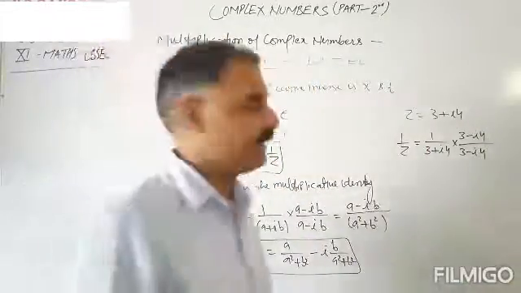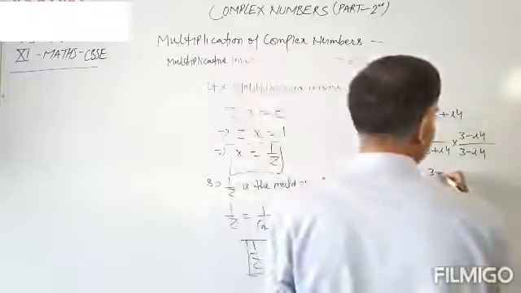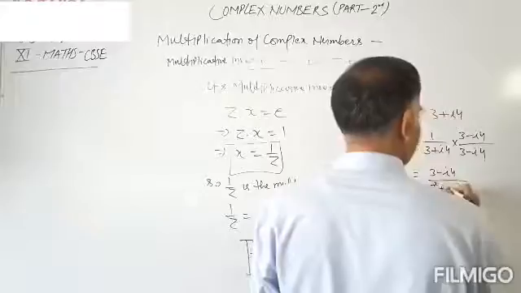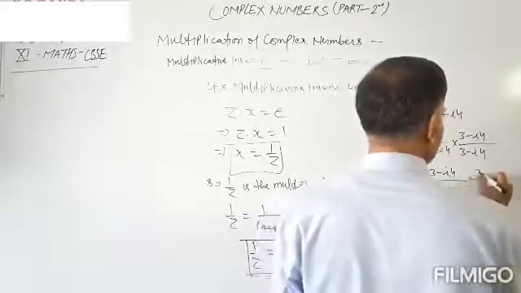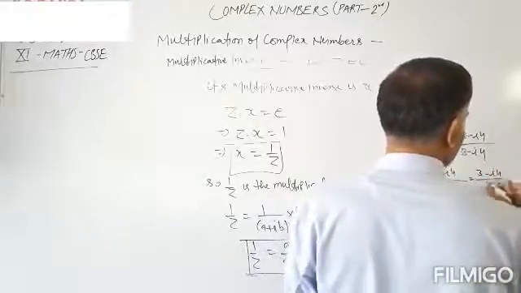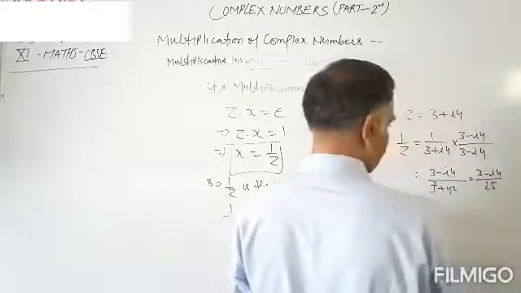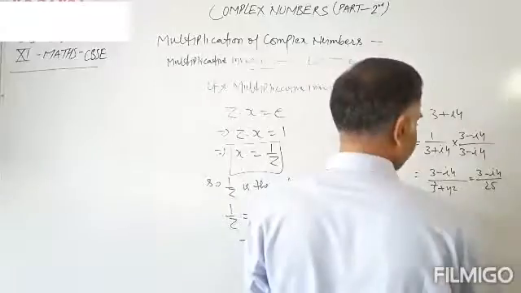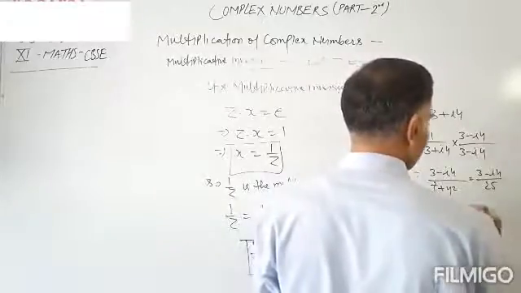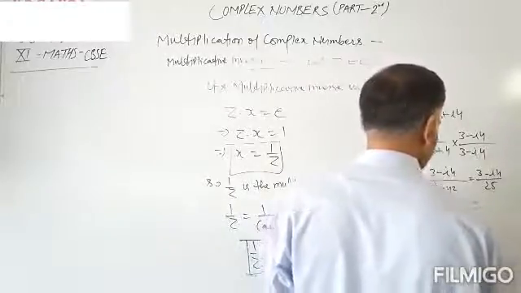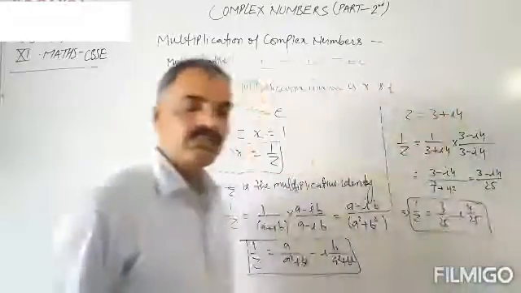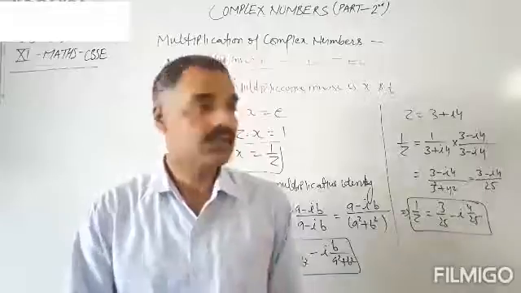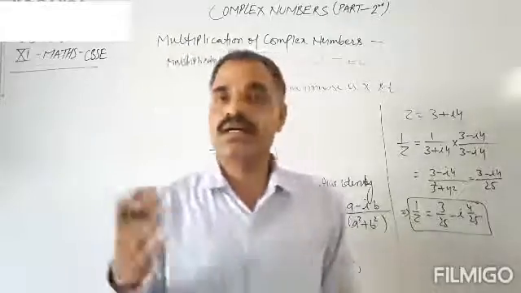So this is equal to 3 minus iota 4 divided by 3 square plus 4 square, that is 3 minus iota 4 upon 25. So 1 upon Z is equal to 3 upon 25 minus iota into 4 upon 25. This is the multiplicative inverse of the given complex number 3 plus iota 4.